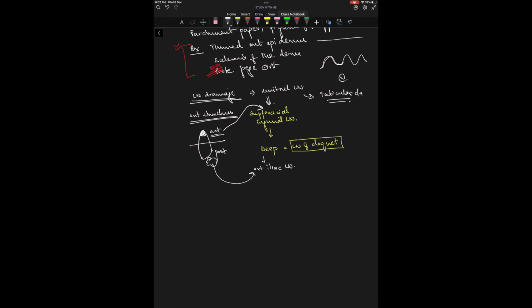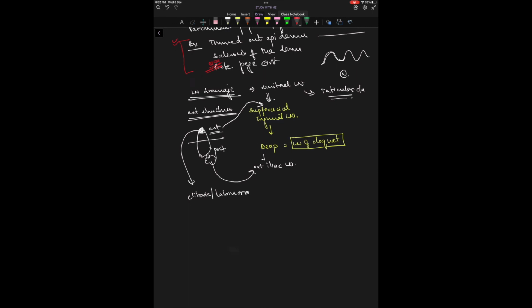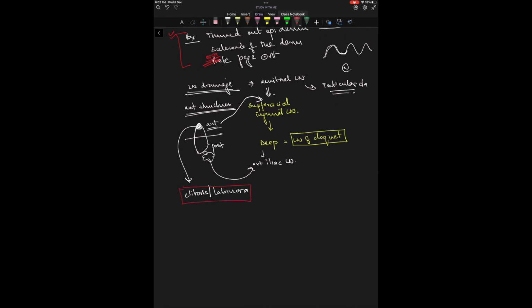Okay, so clitoris and the labia minora, exception, they are anterior structures, right? So they should follow this path.